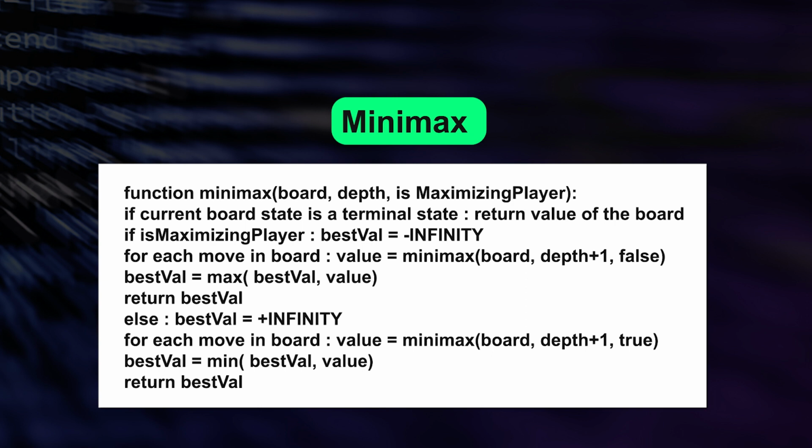Best value is equal to max of best value and value. Return best value. Else, best value is equal to positive infinity. For each move in board, value is minimize, board, depth plus 1, true. Best value is equal to minimum of best value and value. Then return the best value.